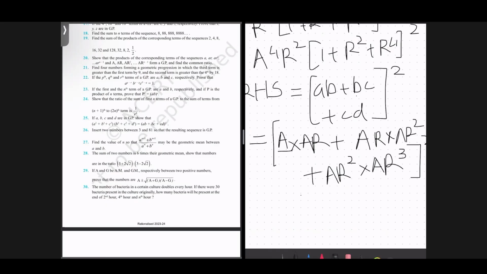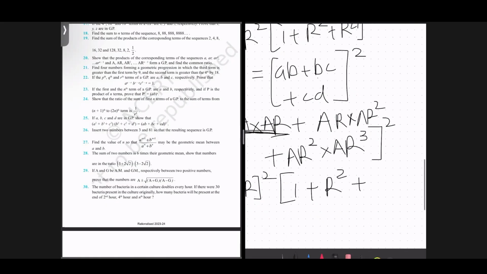Let us take out A square R common from all these terms, right? When you take out A square R common from the first term, you get A square R, and this is going to be squared, mind you, because we are taking out the square common. So you get just 1 here. When you take out A square R common from this term, you get R raised to the power 2 remaining.